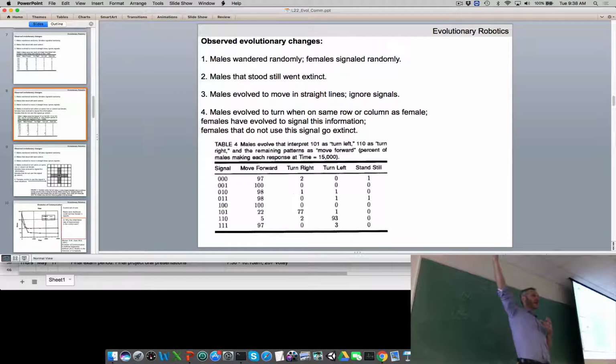Enters top right relative to the female, starts moving, and hits the same column as the female. The male is now immediately to the north of the female. So they're on the same column as the female, and she emits 101, which causes the male to turn left. So now the male is facing not east anymore, but south. What does the female signal at that point?